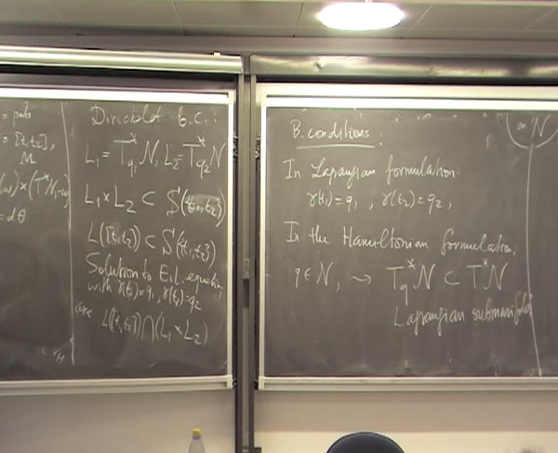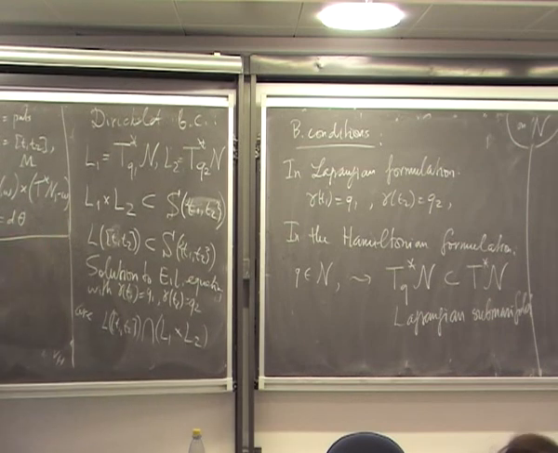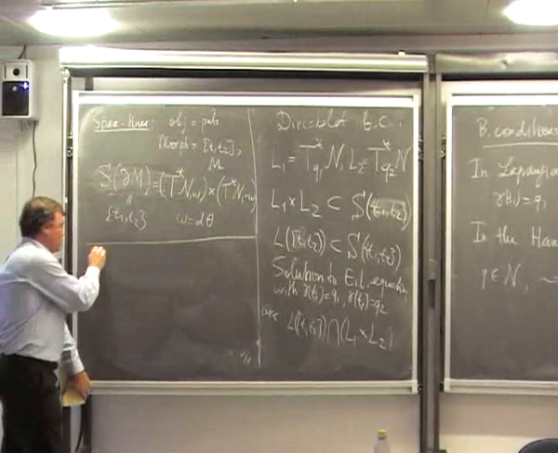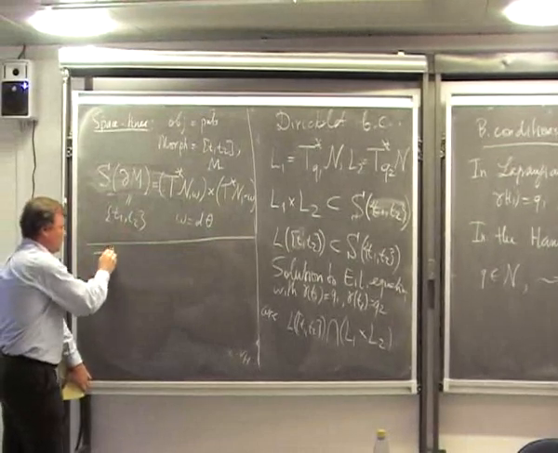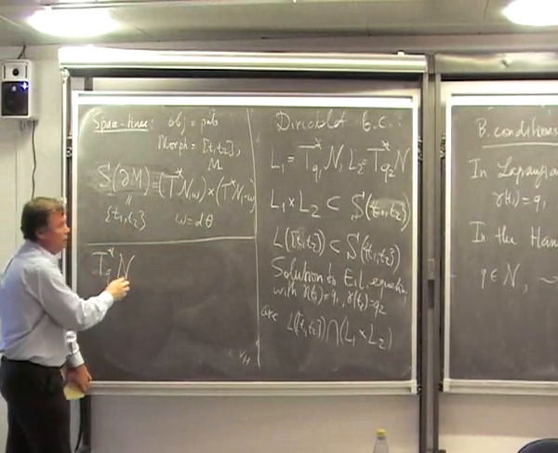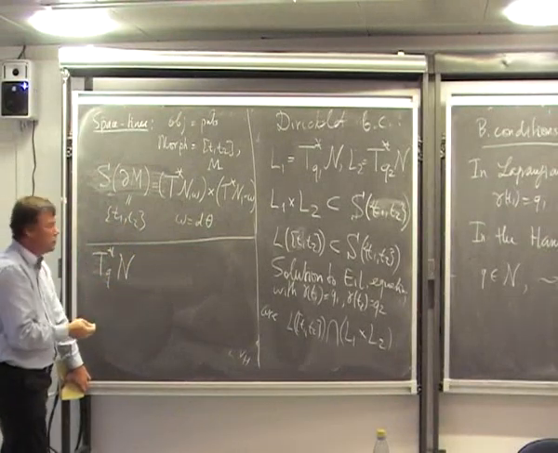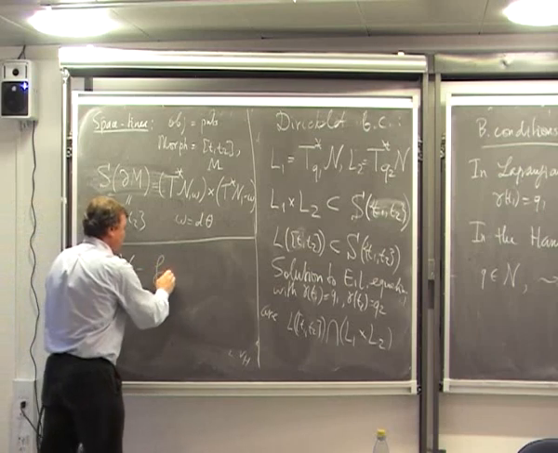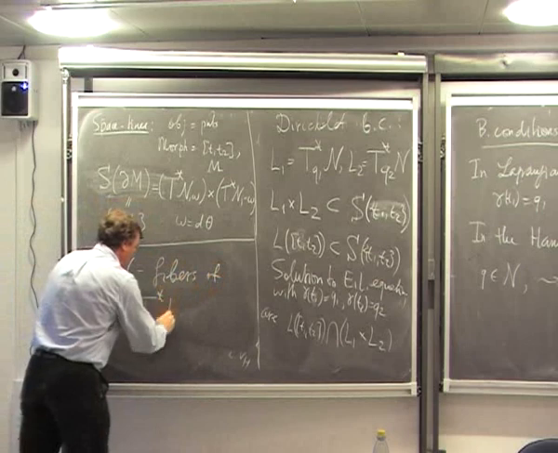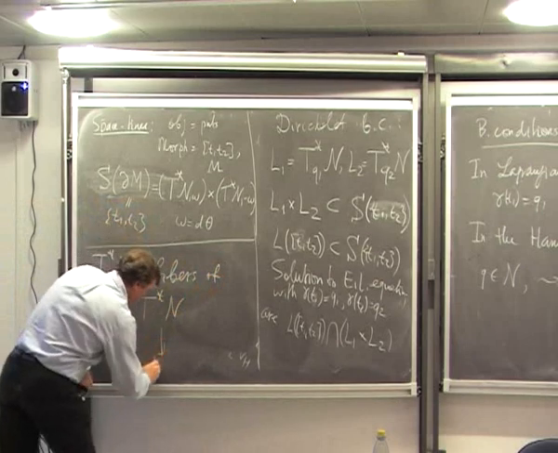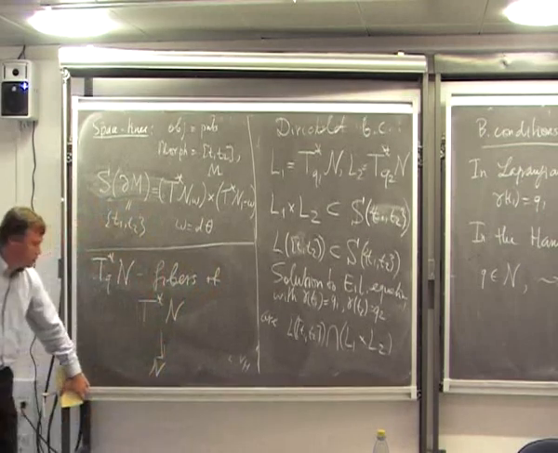So you see, that's the first observation. And the second observation: T*Q_n, these Lagrangian submanifolds that we used, these are fibers of the most natural Lagrangian fiber bundle that you can imagine for T*N.